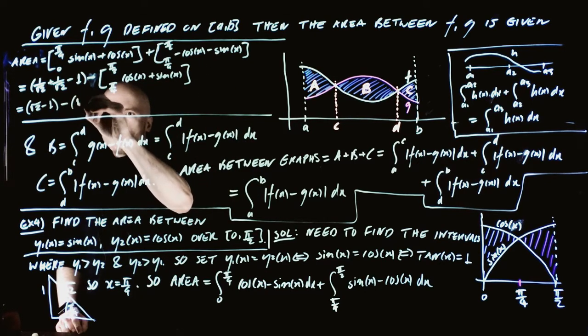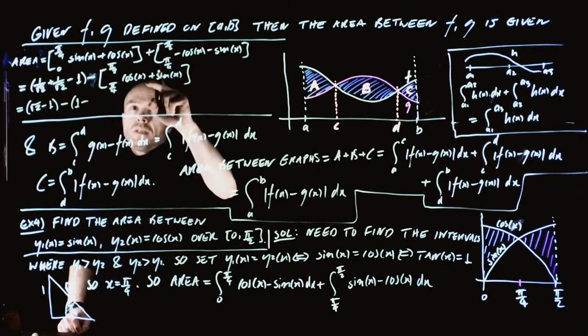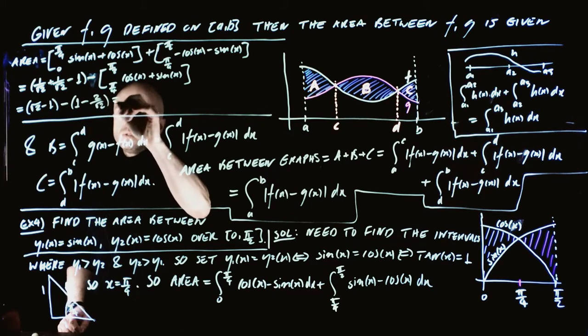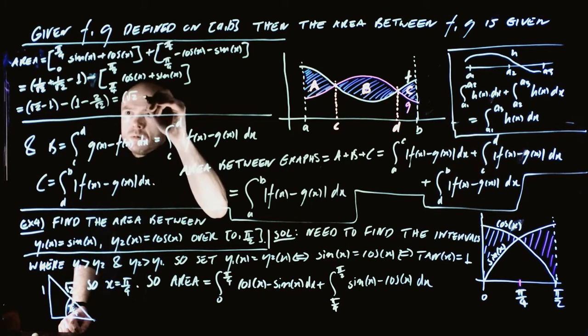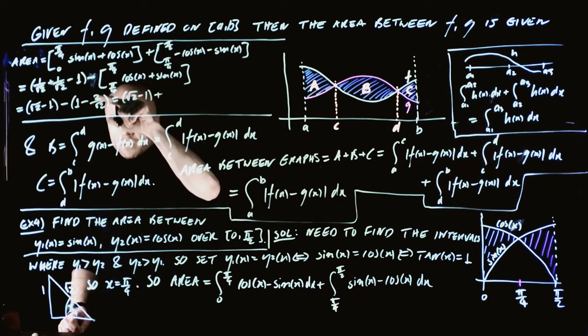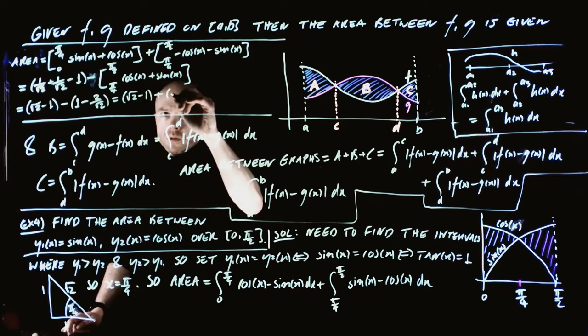So we're going to have 1 minus, and then when we put pi over 4, we've already found out that cosine of pi over 4 is 1 over root 2, and the same for this thing. So minus 2 over root 2, which is root 2 minus 1. And then this thing is just root 2 itself, right? 2 over root 2 is just root 2. And then this just becomes root 2 minus 1.